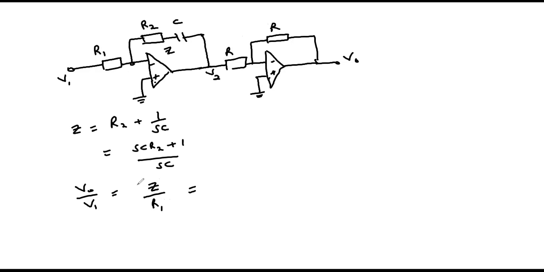So ideally, V2 over V1 should be negative Z over R1. But because the second stage has a gain of negative 1, the overall gain will be Z over R1, which will be equal to (SC R2 plus 1) over (SC R1).